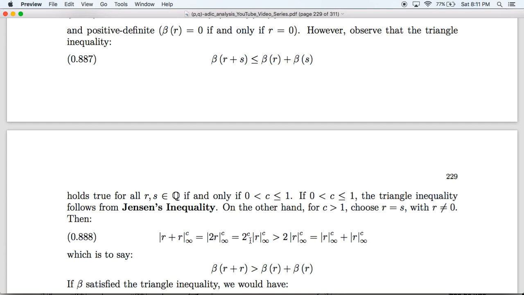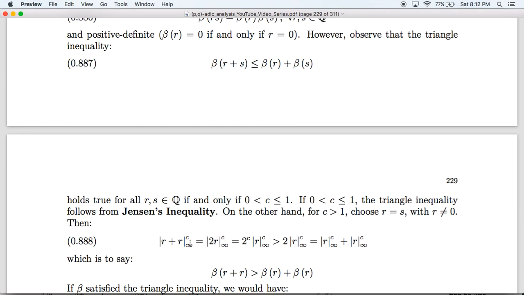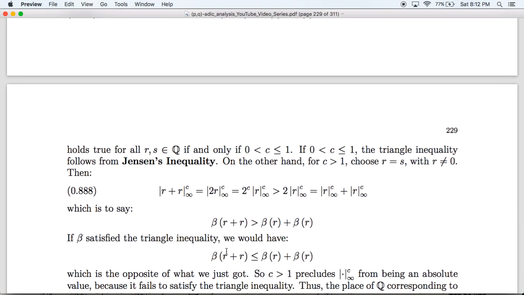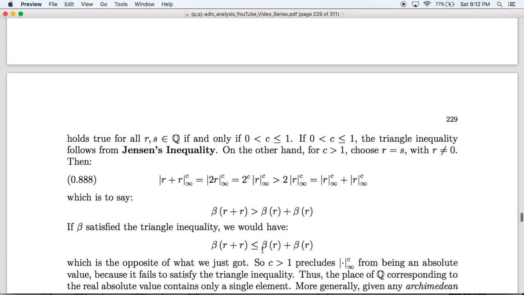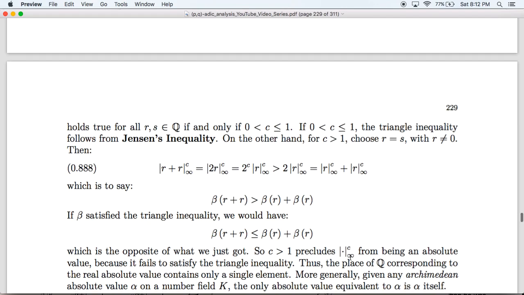Since c is bigger than 1, 2 to the c is bigger than 2, and this is equal to the sum of 2 copies of r to the c. This is beta of r plus r, and this is beta of r plus beta of r, and this is strict. If beta satisfied the triangle inequality, we would have to have the opposite inequality instead. So c being greater than 1 tells us that this cannot be an absolute value because it fails to satisfy the triangle inequality.